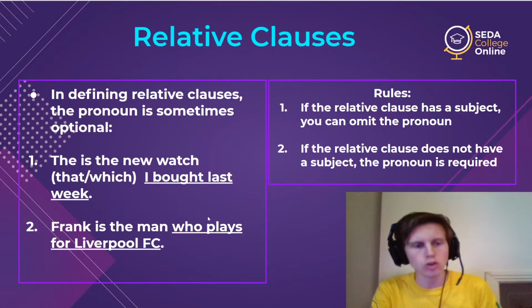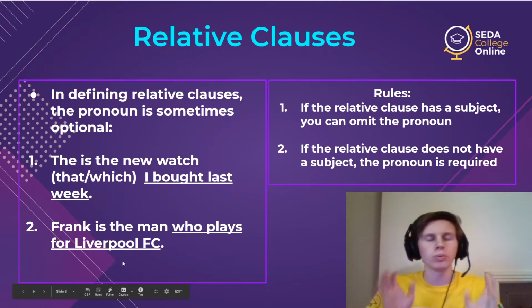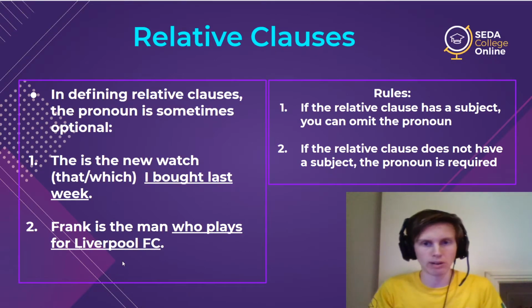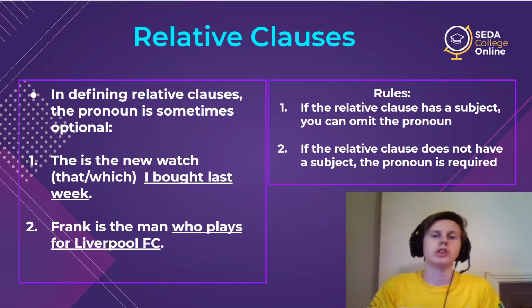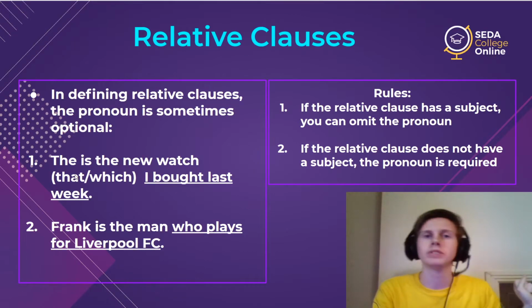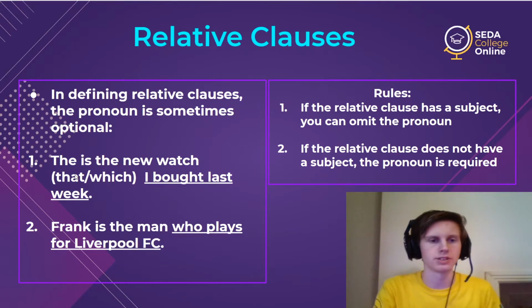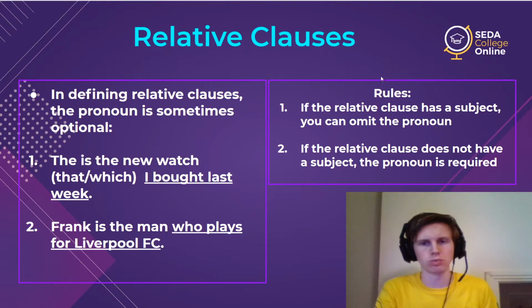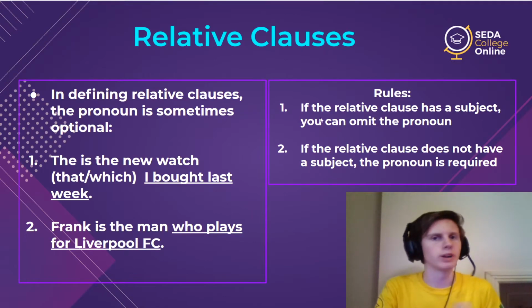Frank is the man who plays for Liverpool. If you always say the pronoun, you'll always be correct. But just know, in some situations it is optional, and many English speakers will remove it because it is not required. And that is when these rules are important, when we're omitting it.